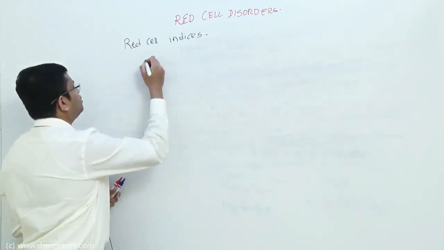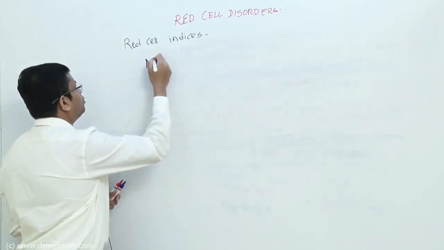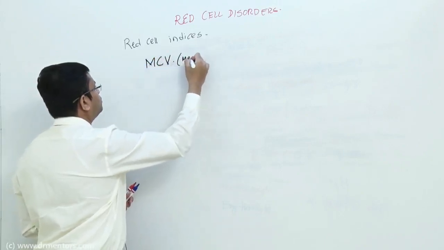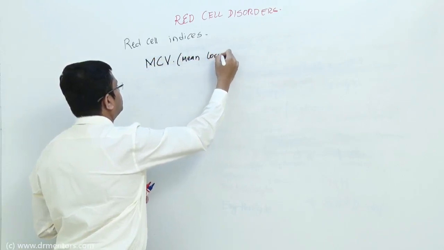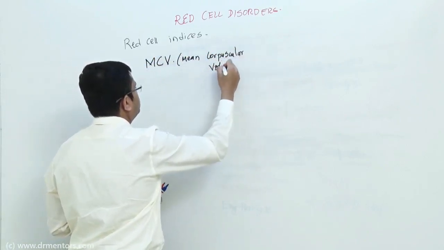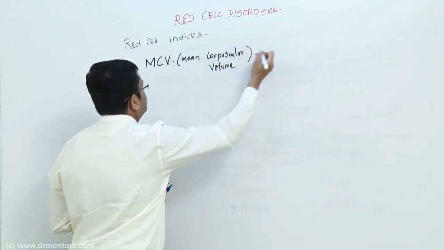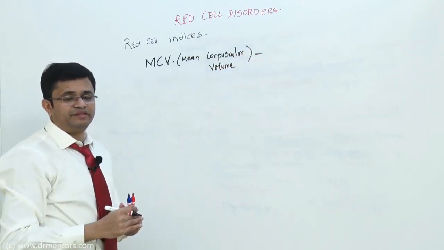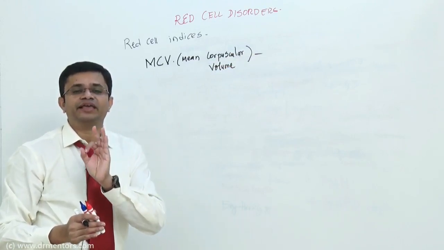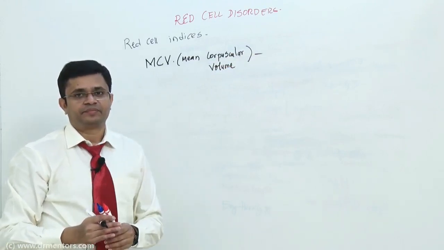The first is mean corpuscular volume. What does MCV mean? MCV means the average volume of a given red cell in a patient.